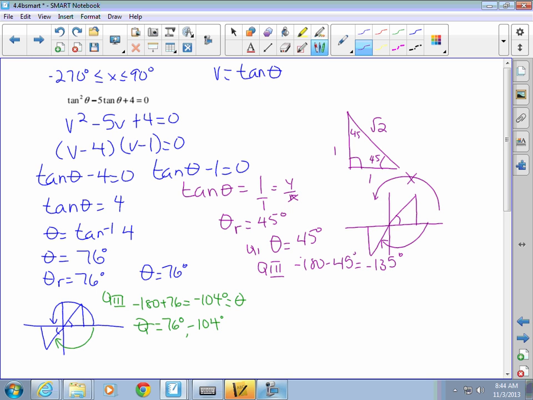So my total solution for this would be theta is equal to 76 degrees, negative 104 degrees, 45 degrees, and negative 135 degrees.